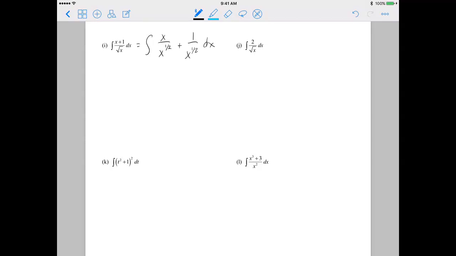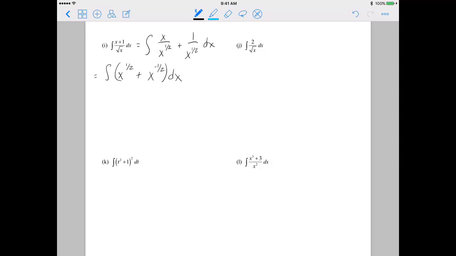Okay, so just splitting through the numerator there so that I can set up using the power rule. Okay, well still without using the power rule, we're going to simplify. So x over x to the 1/2 is x to the 1/2, plus 1 over x to the 1/2 is x to the negative 1/2 dx.